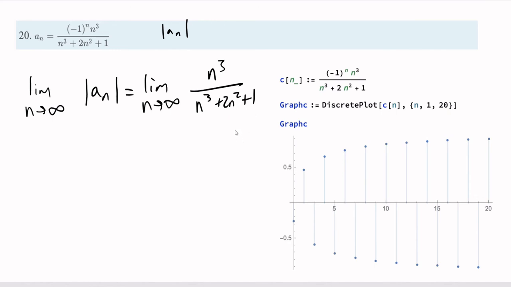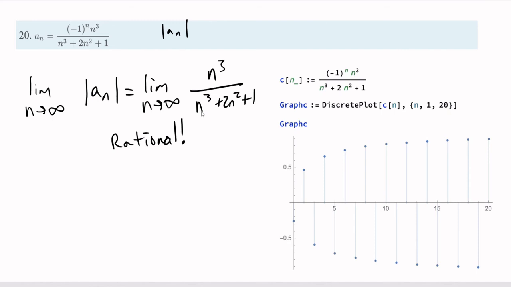Okay. Well, again, rational function. These happen so much, so I'm just doing these a little bit quicker. I'm skipping the step where we turn this into x's. The reason I do that is because this rule that we had for limits of rational functions of x extends to sequences.